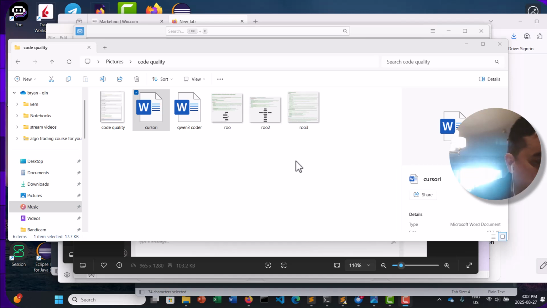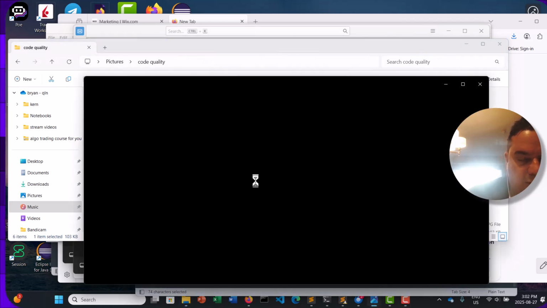Big thanks to the person that recorded this or went through this using three separate sources: Cursor AI, Qwen3 Coder, and Roo, the VS Code extension. So this is what the structure looks like.